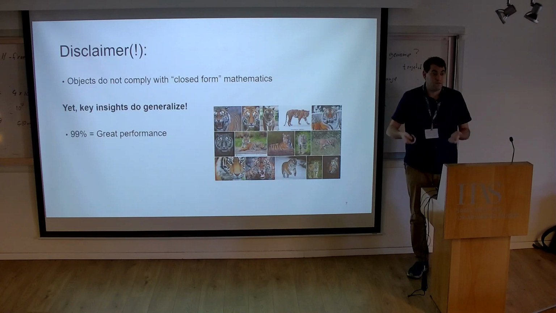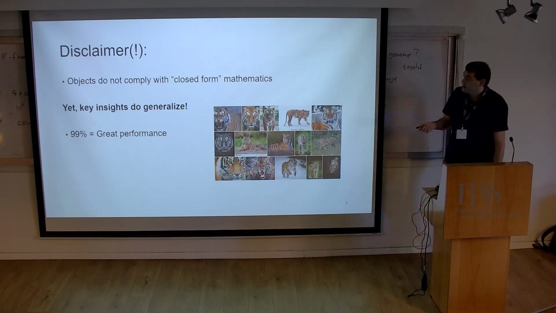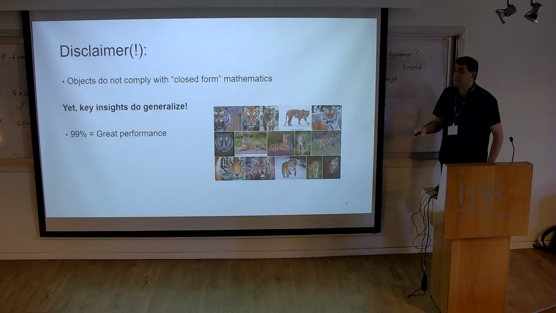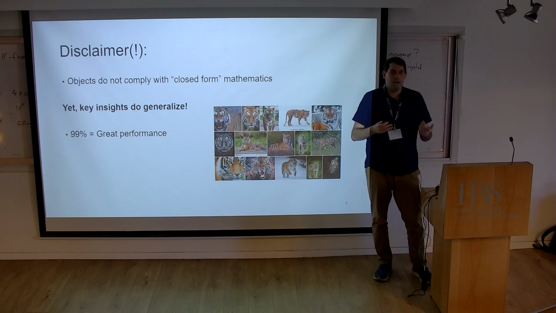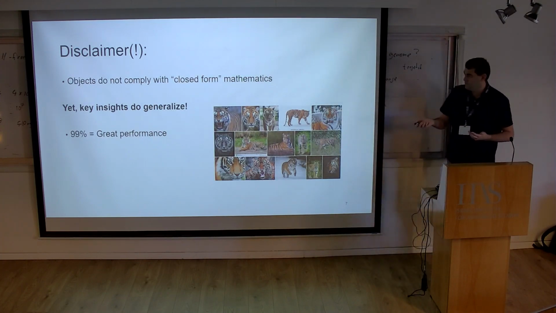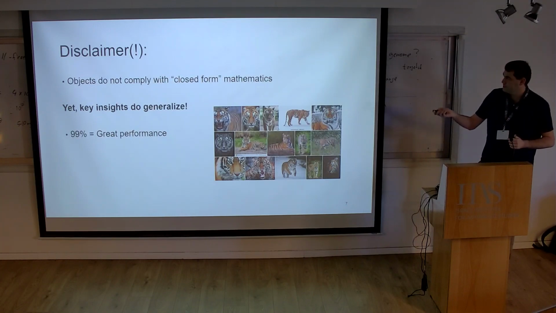The kind of things that will work for images will also usually work for time series, language, and so on. Also, 99% we usually consider a great performance. For some applications, maybe medical, 1% of error is too much, but in most cases that we deal with, 99% is a great performance.